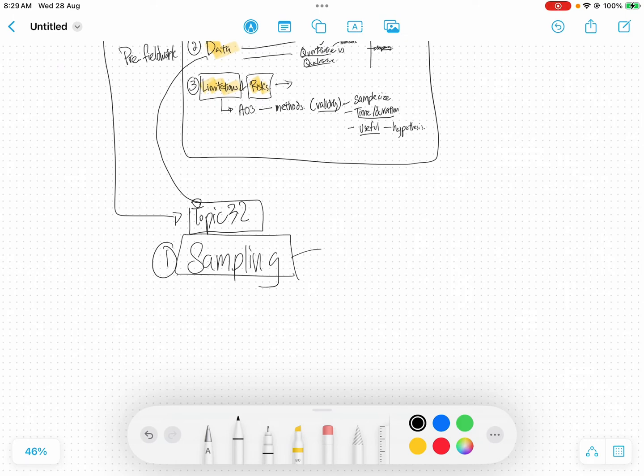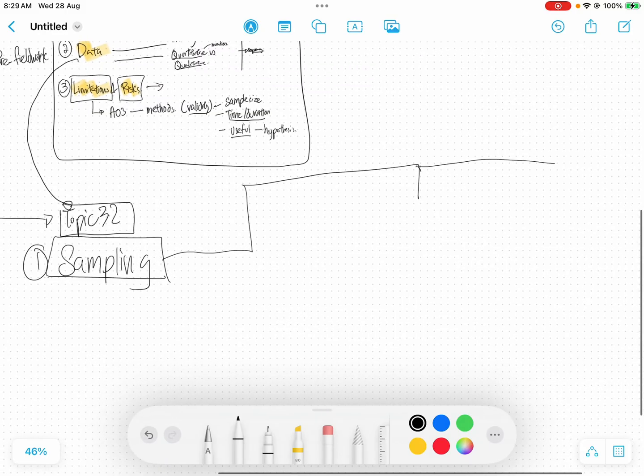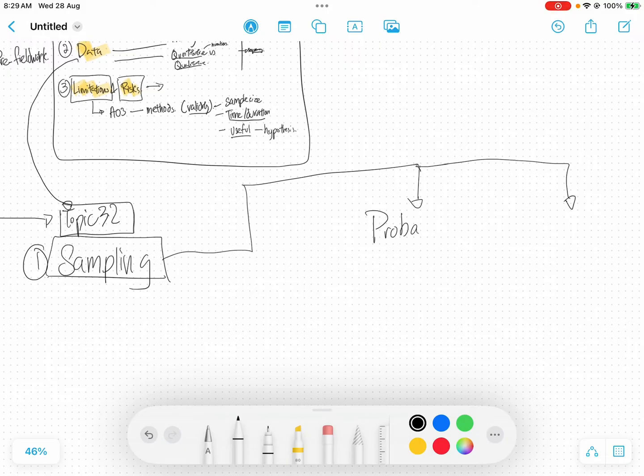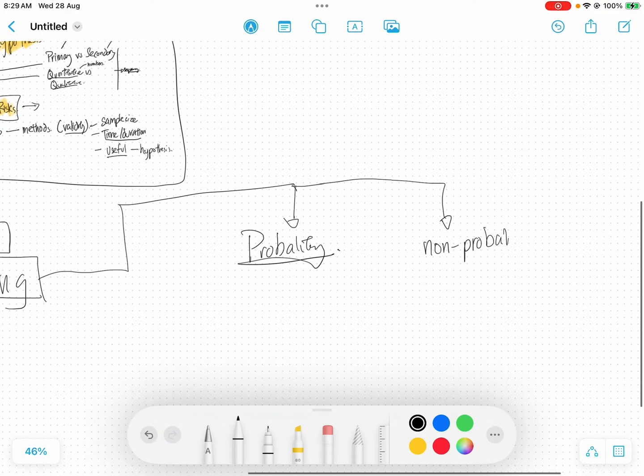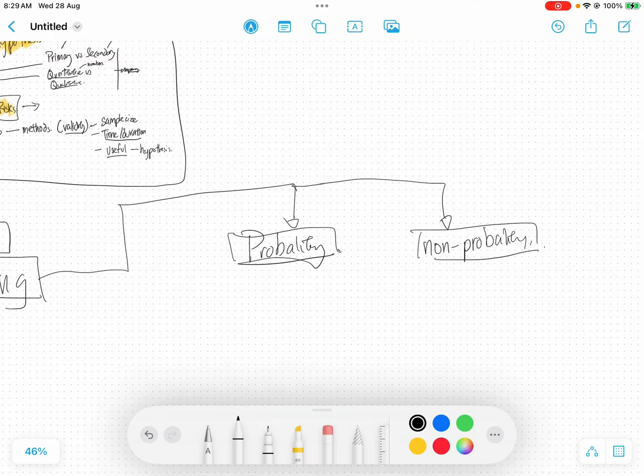Basically, for sampling, you need to know that there are two types. One is probability sampling, let me write it down. The other is non-probability sampling. What exactly do these two terms mean?